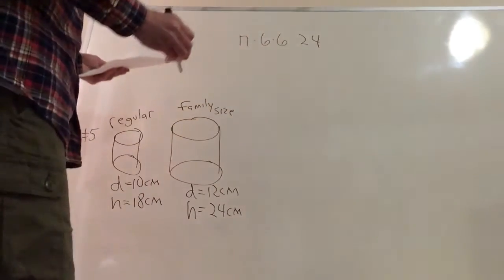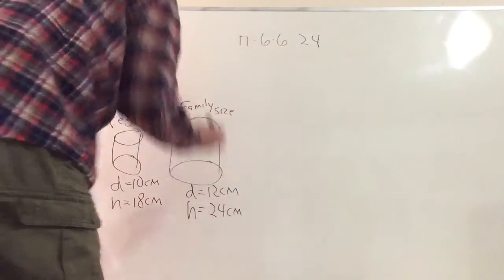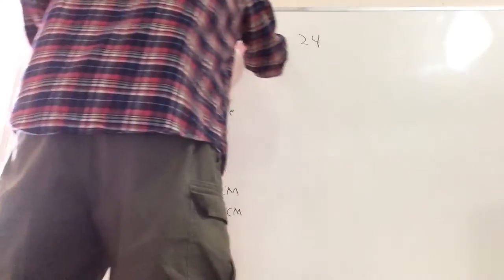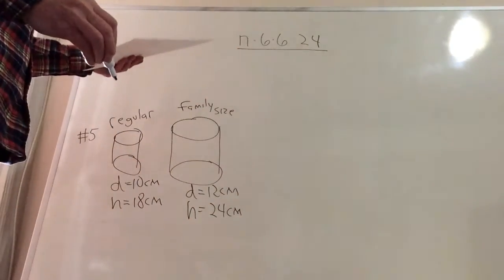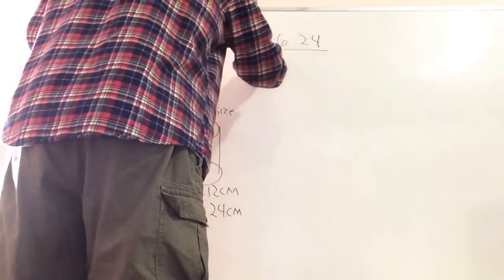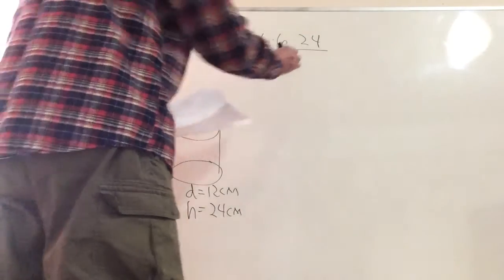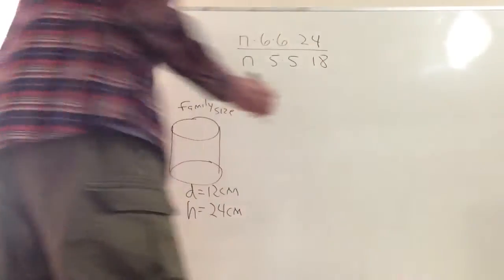That's the big guy. Okay? Those are the dimensions. There's the 24. There's 6 squared. So I wrote it out because I did all the work already. And now one little guy, and you want pi times 5 times 5 times 18.